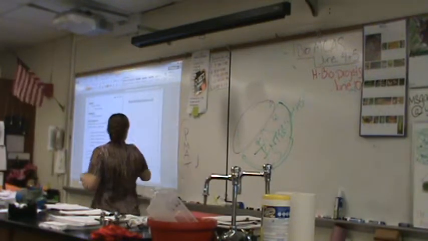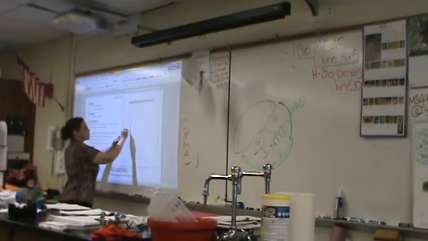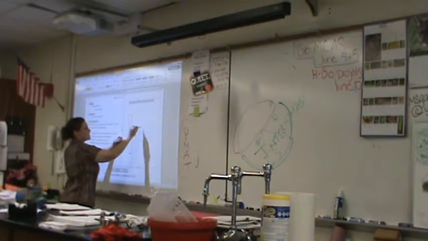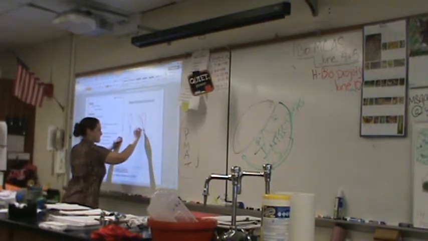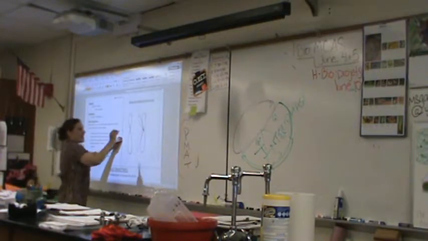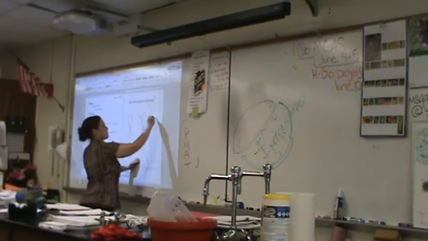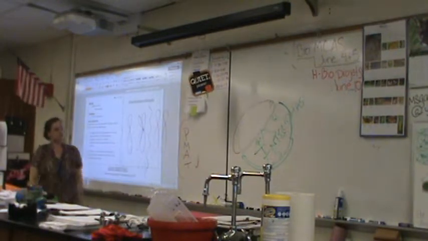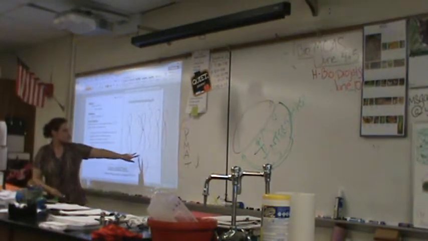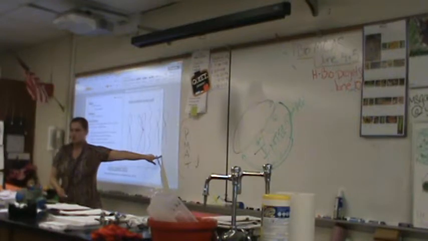All right, let's do this. If I show you a chromosome like this, and I show you a chromosome like this, and then I show you a chromosome like this, what is different between this chromosome and these two chromosomes?